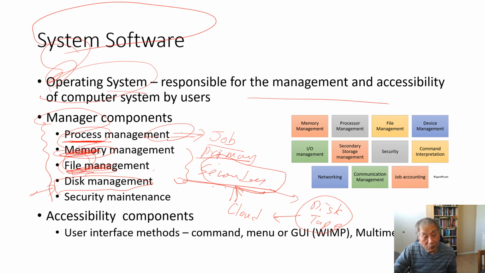Then a very important thing is security maintenance, and then also accessibility, that is the user interface. So how would you make those accesses to the computer system, and how would you command your intention to the computer to follow? Okay.